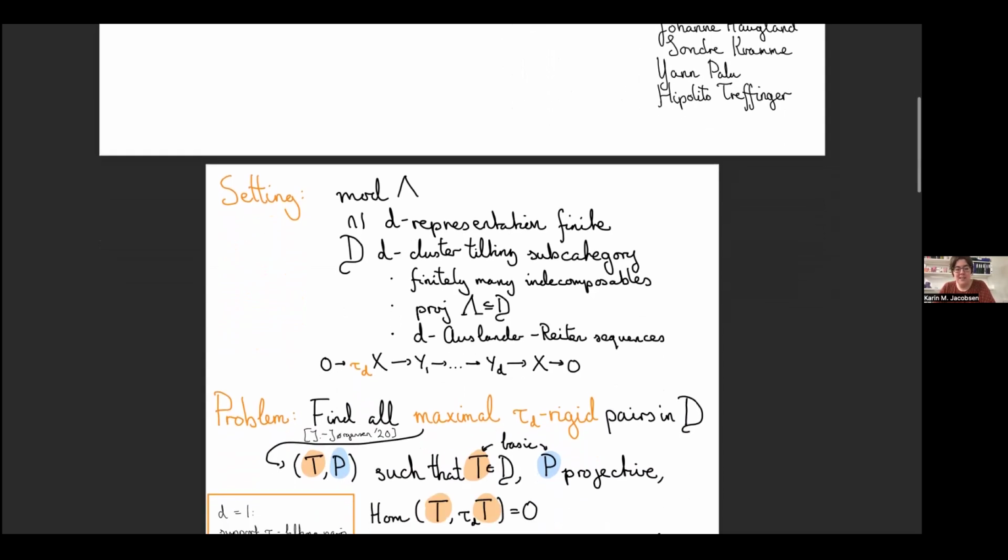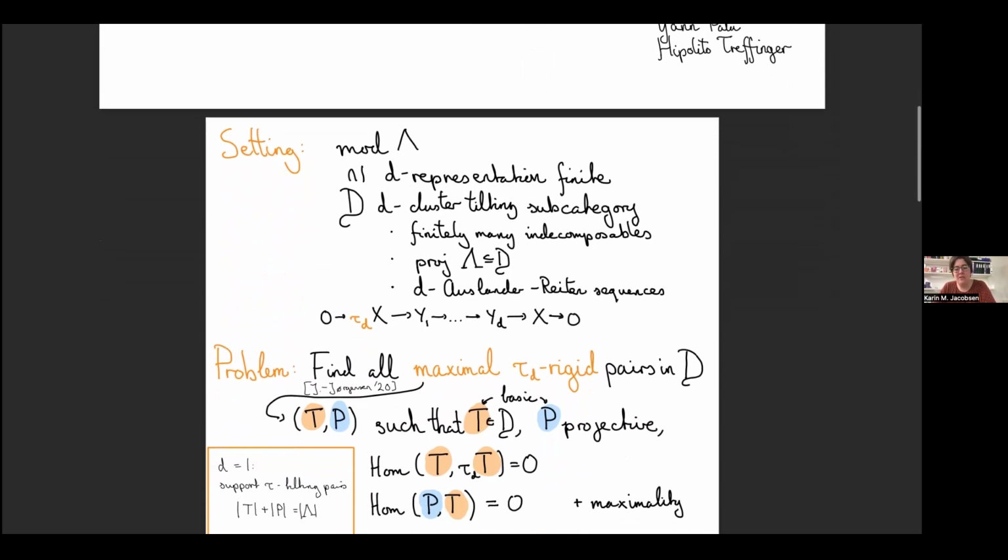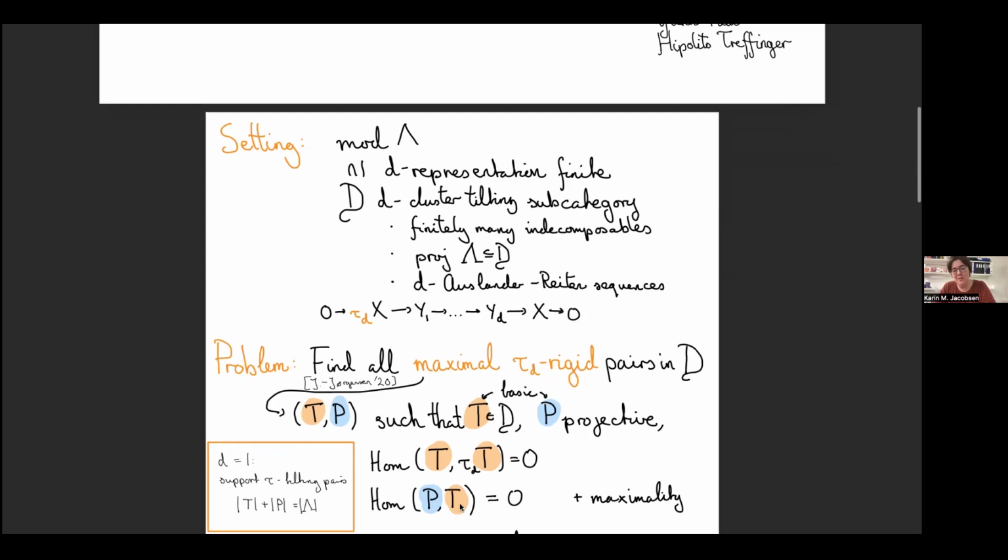One, the module T, is tau d rigid, meaning there are no non-trivial maps from T to tau d of T. And the other one, P, is projective, and there are also no maps from the projective to the tau d rigid. I also said it's maximal, and there is some sense of maximality, which I won't tell you, because it doesn't look nice.